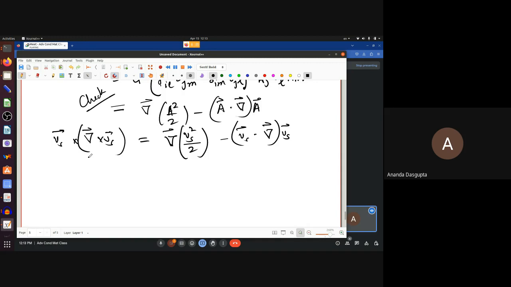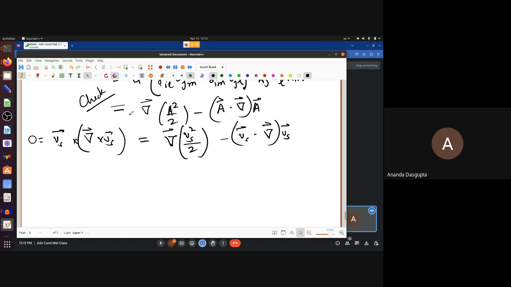Remember, this is superfluid flow. Zero. Special character. So 0. Of course, the curl of Vs is 0, right?